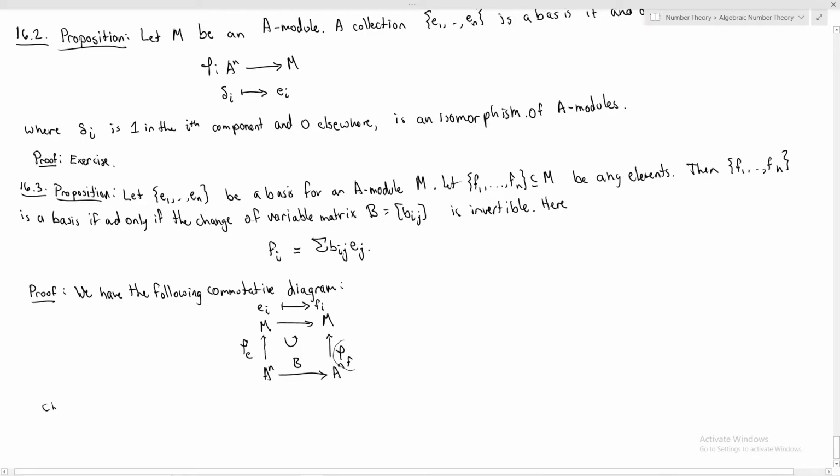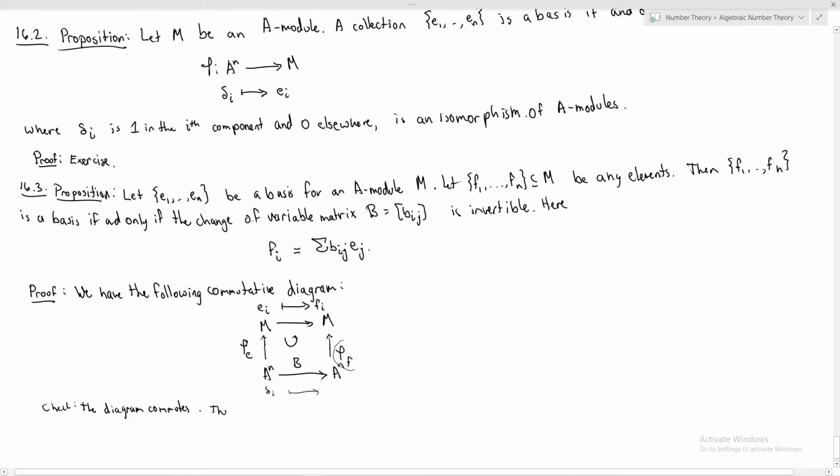So check the diagram commutes. I need to start with, say, delta_i here. It would map to B delta_i and so on and so forth. So you work through the details of checking this diagram commutes.